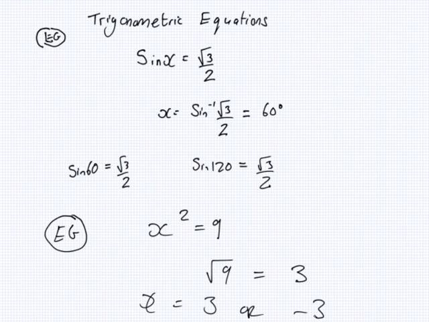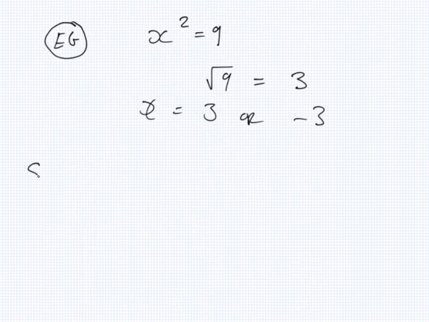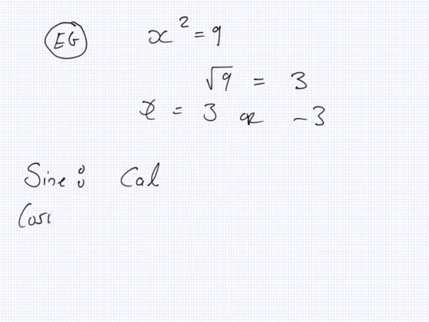Well, I'll just give you the basic rules for finding the second answer. Can I scroll down? So, if you have sine, the first answer you get on your calculator, so I'll just write cal. Same goes for cosine, and the same goes for tangent. You get the first answer on the calculator.